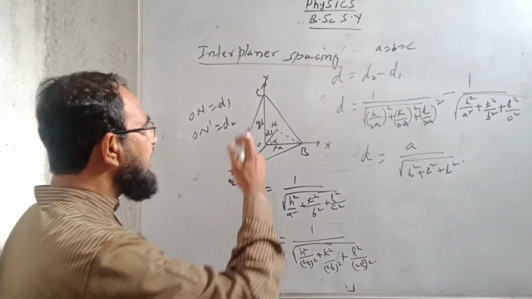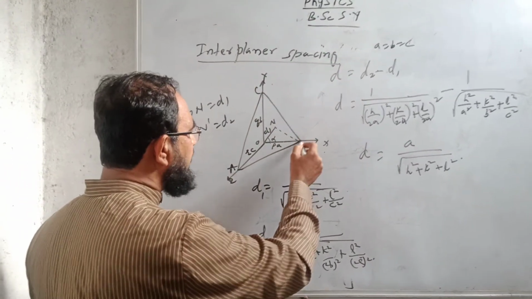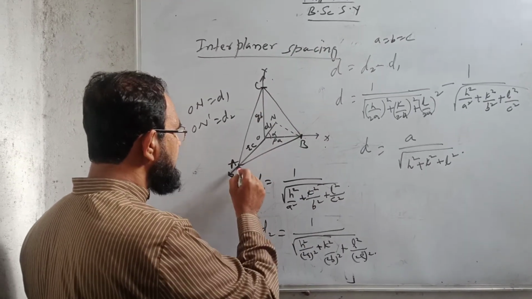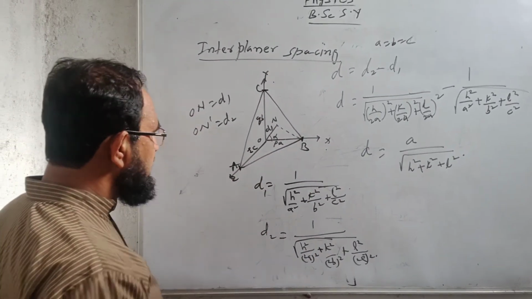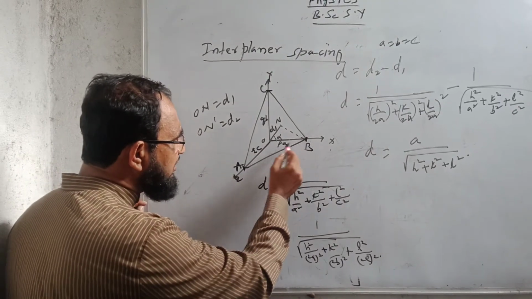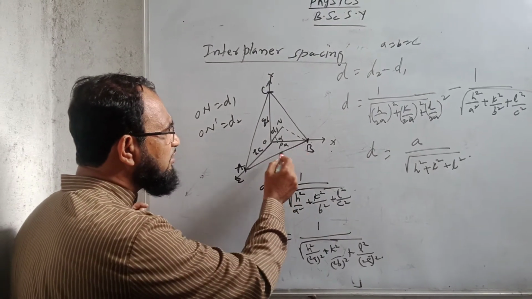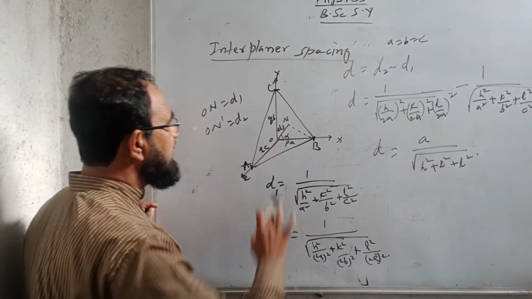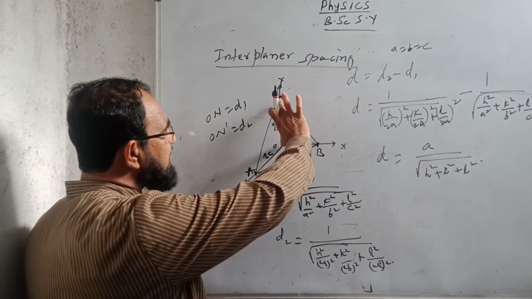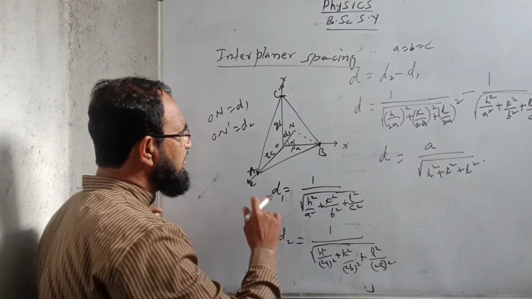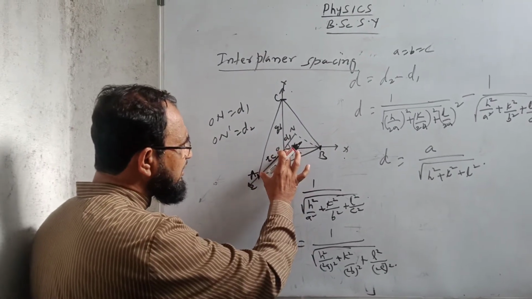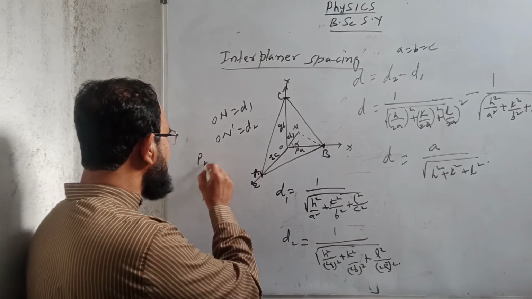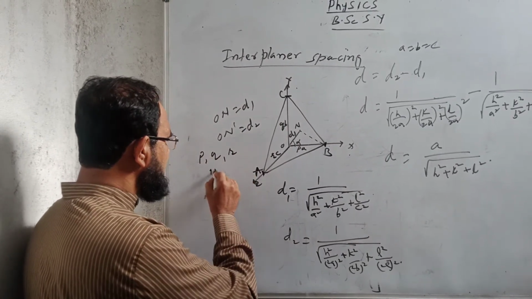These planes cut the x-axis at B, the y-axis at C and the z-axis at A. Here pa is the distance along the x-axis in multiples of a, qb along the y-axis, and rc along the z-axis. p, q and r are integers.